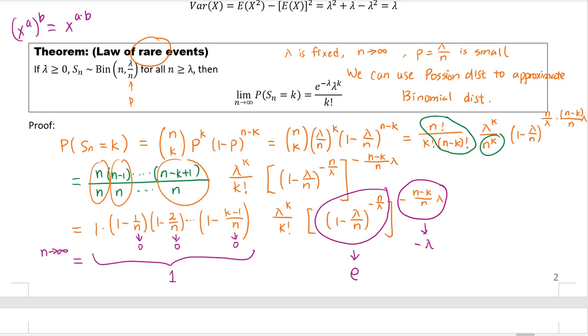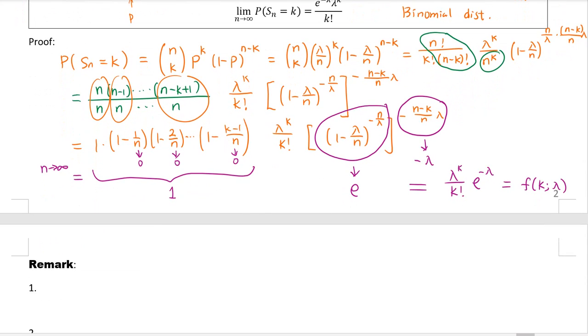Okay, so that's why when n goes to infinity, we just get 1, and then this is lambda to the k over k factorial times e to the minus lambda. Well, this is exactly the PMF for the Poisson distribution. Right, so this is f of k semicolon lambda. This is the PMF of the Poisson distribution. So now we have shown that when n goes to infinity, the Poisson distribution can approximate the binomial distribution.